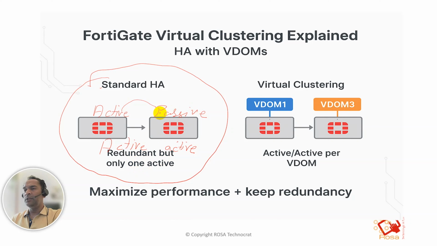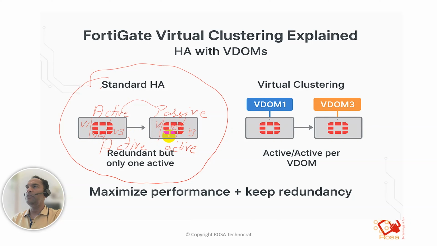Now let's say you have a scenario where you have multiple VDOMs. Multiple VDOMs means different firewalls within the same firewall, like VDOM 1, VDOM 2, VDOM 3. In the same way, when it is in HA, here also you will have V1, V2, V3.